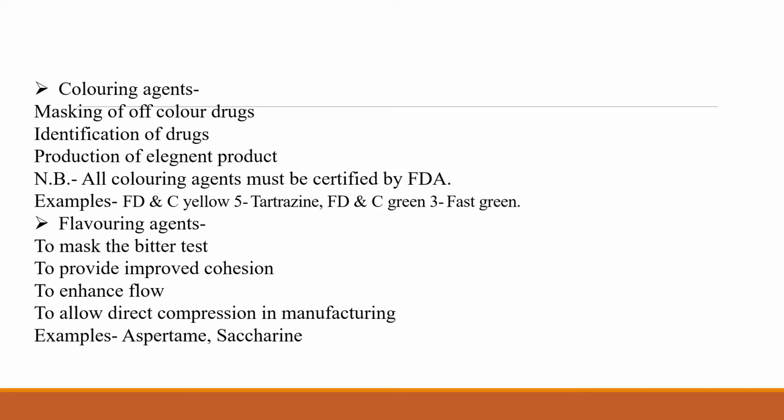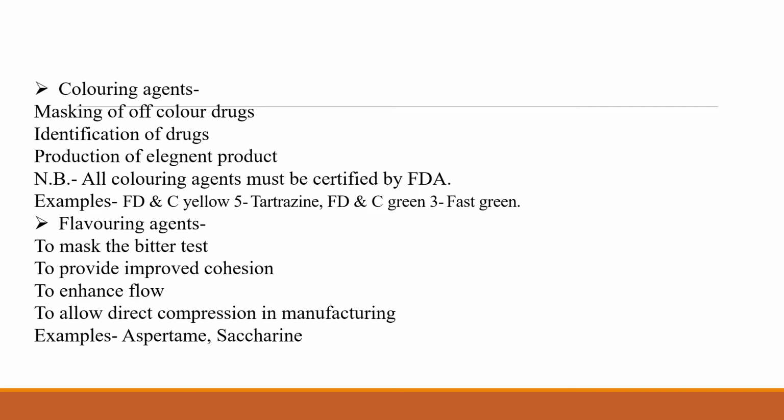Next, production of elegant product, meaning production of good products. All coloring agents must be certified by the Food and Drug Administration, the regulatory body for the USA. Some examples are FD&C Yellow 5, tartrazine, FD&C Green 3, fast green.